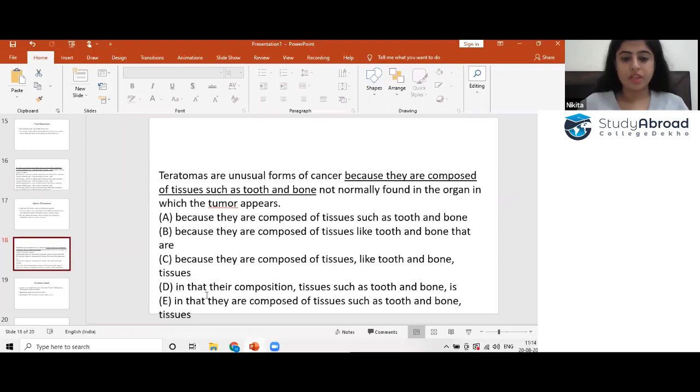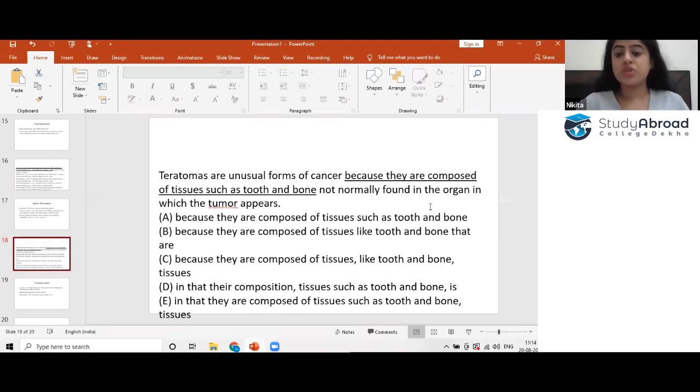All right. Now it says "because they are composed of tissues such as tooth and bone." Such as tooth and bone. Tooth and bone are what? Such as what? So this is inappropriately placed over here. You need to tell what tooth and bone are.